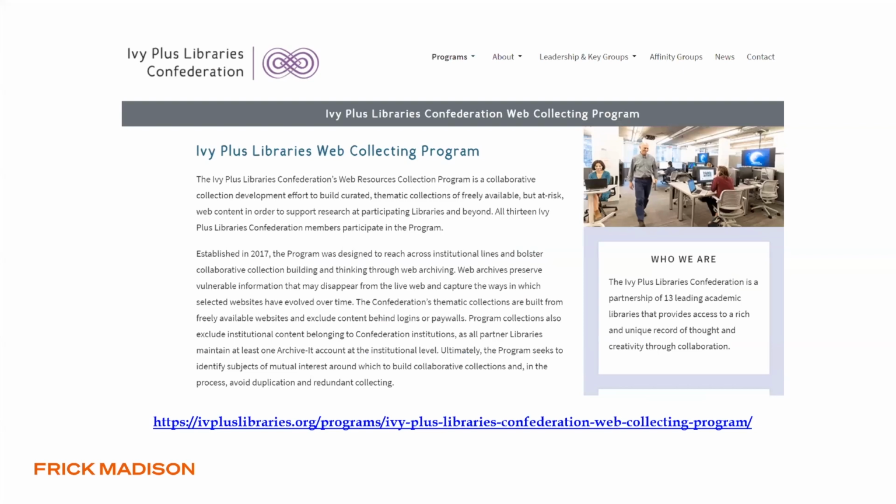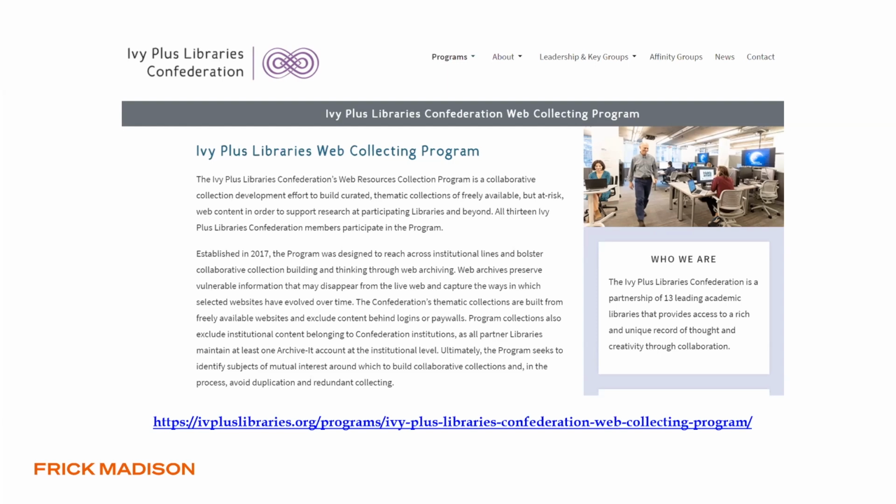Next, the web archiving program at Columbia University is also part of a larger national consortium of web archiving at various institutions called the Ivy Plus Libraries Confederation, which is a partnership between 13 leading academic research libraries that include, besides Columbia, Cornell, Brown University, the University of Chicago, Harvard University, and also Yale and the University of Pennsylvania, among others.